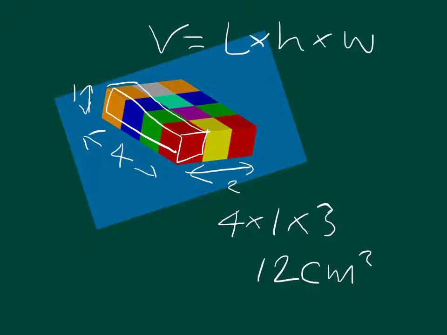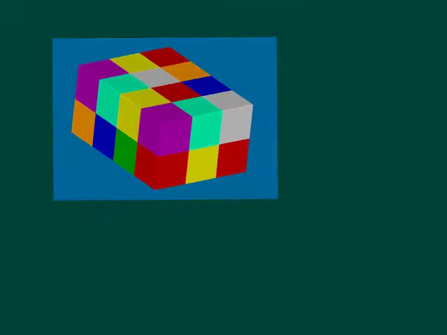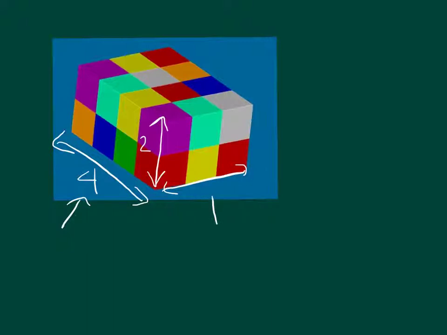So let's look at a slightly more complicated cuboid. And this cuboid has kept the length as 4, and the height is 2, and the width, well, you can call them width and depth, no matter which way around really, or length and height and width. It's 3-dimensional, and you've got to make sure that you get the 3 dimensions.